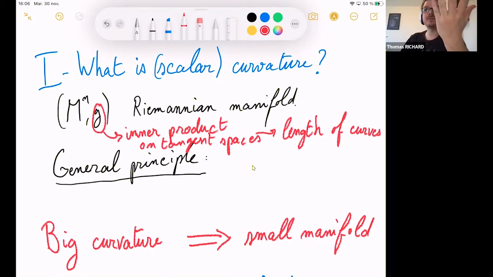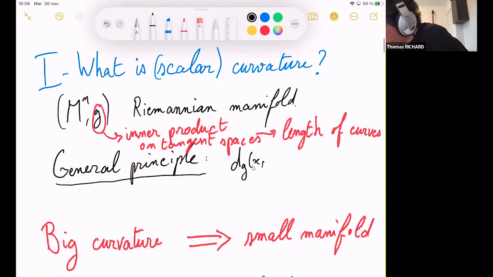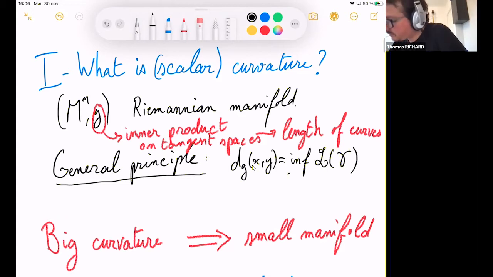And once you can measure the length of curves, you can put a metric space structure on M^n, which is called the Riemannian distance. So what is the distance between two points in M? This is the infimum of the length of curves gamma, smooth curves from [0,1] to M, such that gamma of 0 is x and gamma of 1 is y.